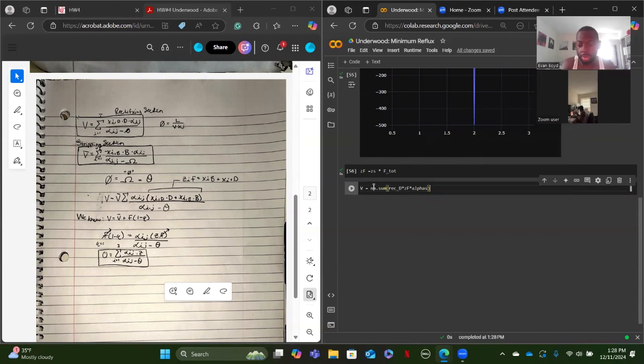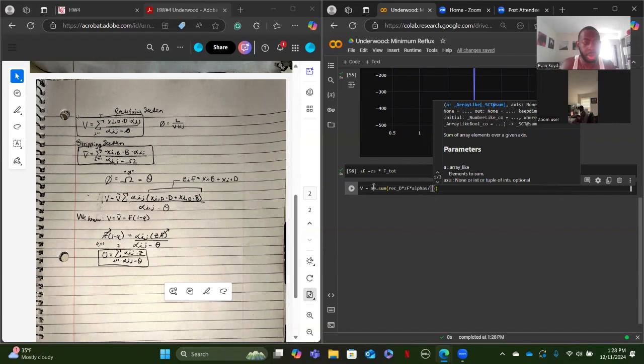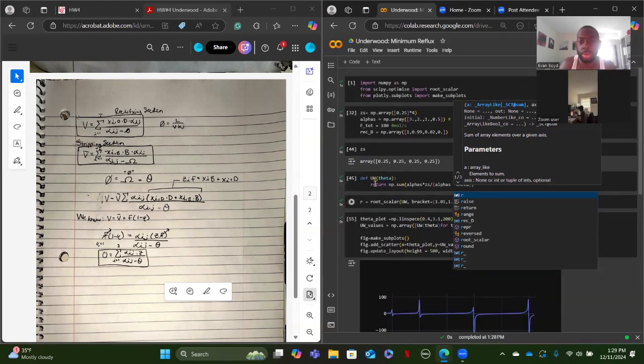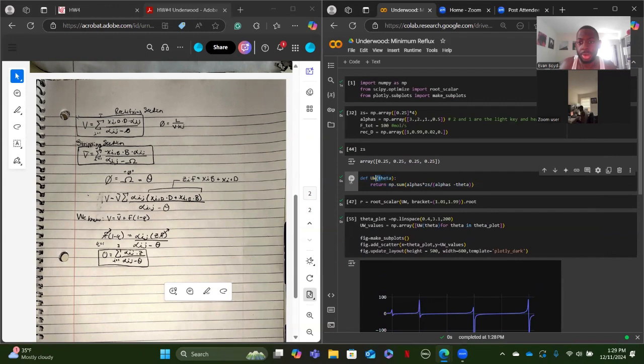And then this would be all divided by our alphas again, and then minus R. Because in this case, remember we defined our R as this is our theta. Remember, this is our theta.